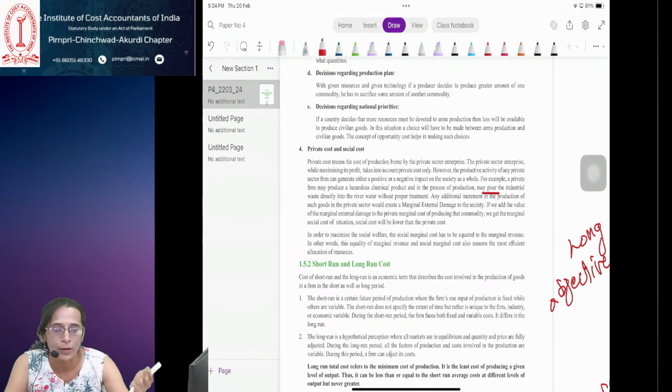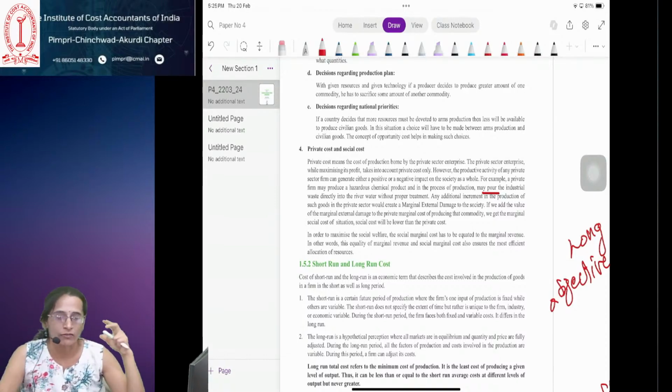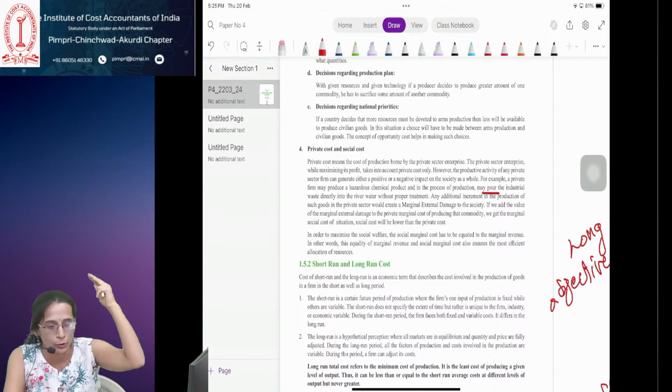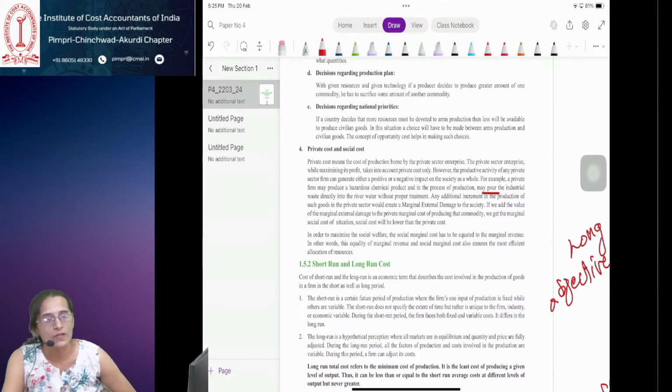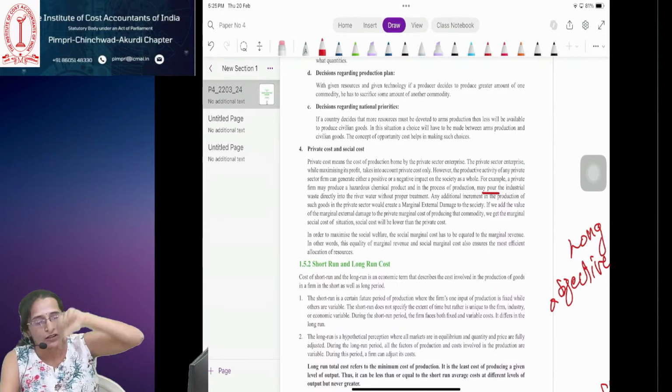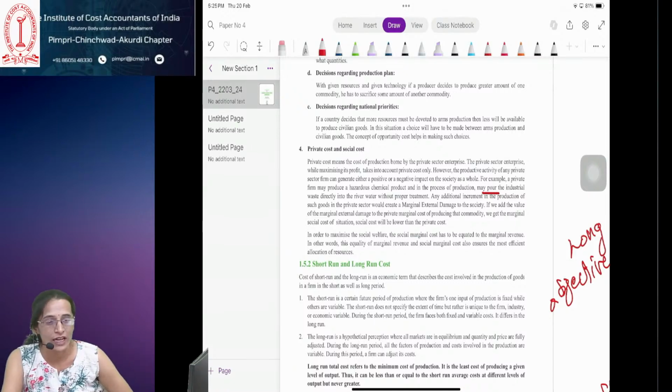And what happens with public organizations or social impact here is that when the government takes into consideration, see, another example we can take. We are producing goods, and after that we release certain chemicals into the air. So these organizations have a chimney that is tall enough, right? Why?